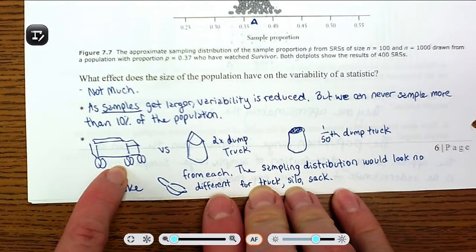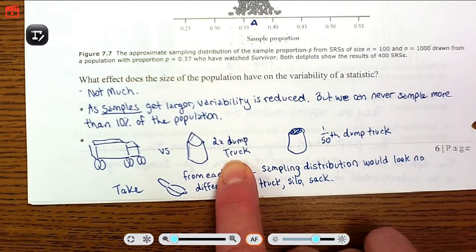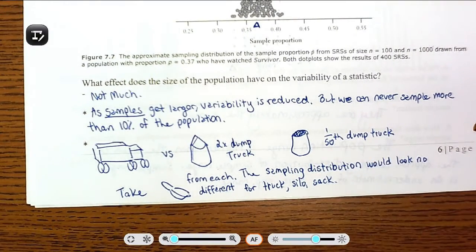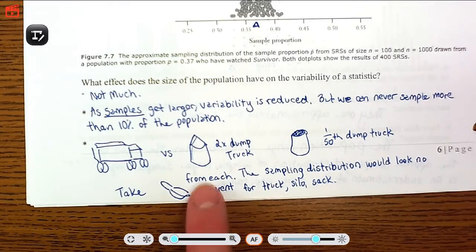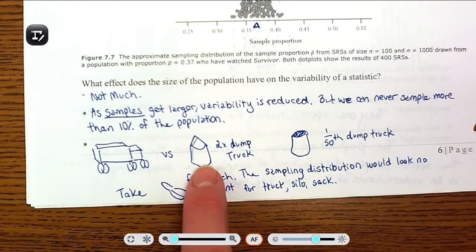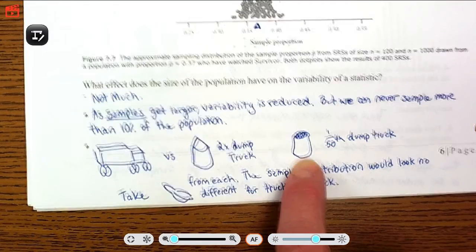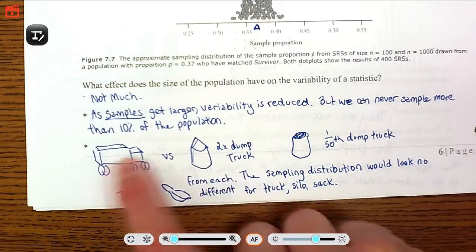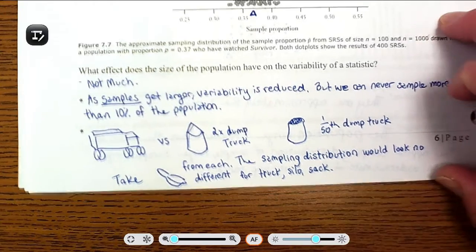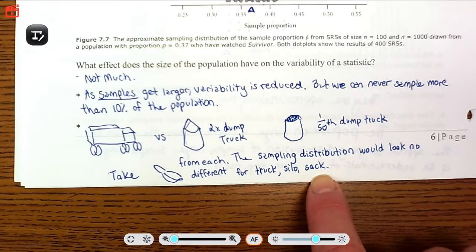A truck of corn, or a silo, which is equal to 2 dump trucks of corn, or a sack, which is equal to 1/50th of a dump truck of corn. If we were to take a scoop of corn from each with a little scooper, whether from the silo, the truck, or the 1/50th of a truck size, as long as it's all mixed up really well, my sampling distribution of corn kernels would look no different from truck, silo, or sack.